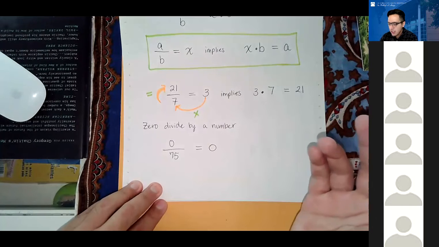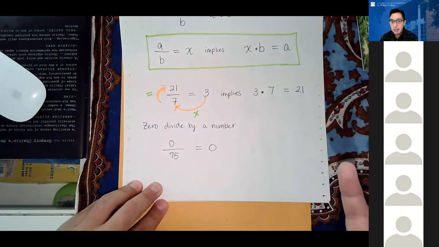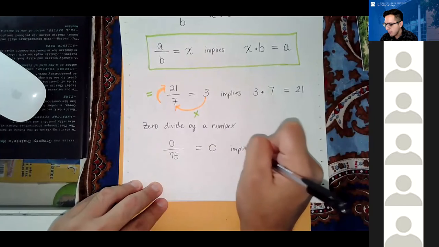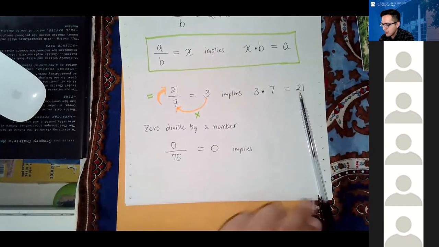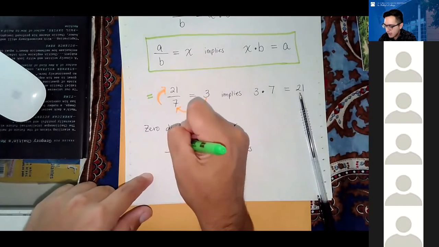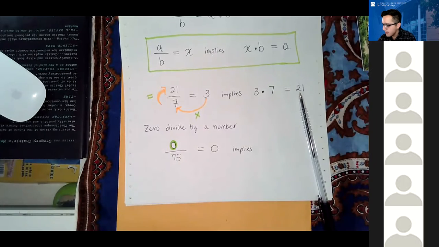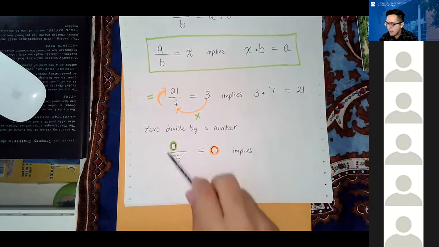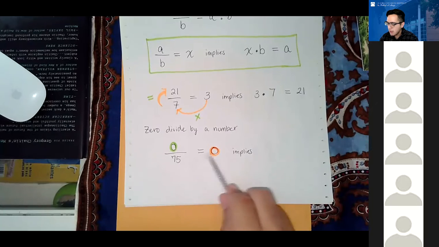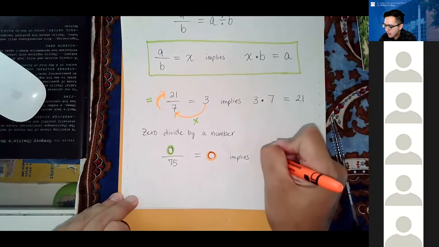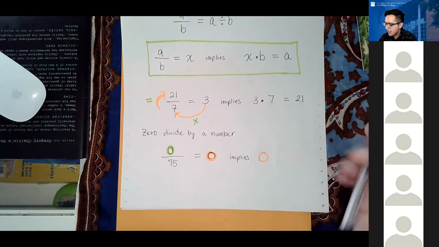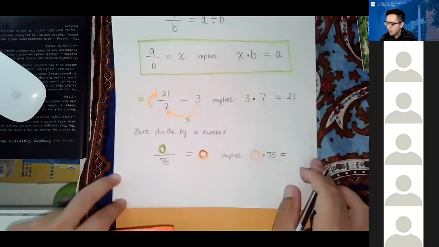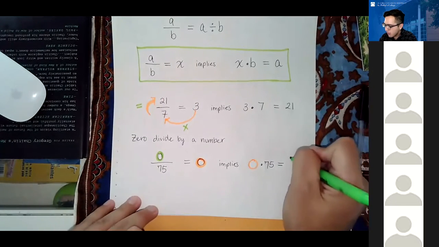But using this definition, it's still consistent with what mathematicians think of as division. Let me color coordinate these zeros. This is our green 0, and this will be our orange 0. The statement that 0 divided by 75 is equal to 0 implies that this orange 0 times our 75 should equal our green 0.